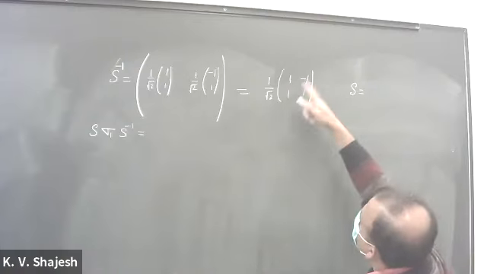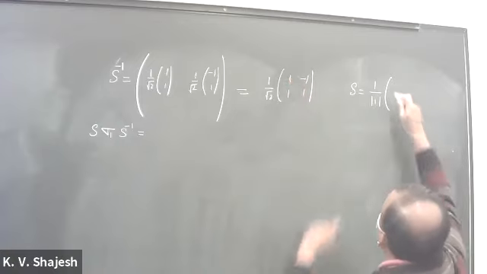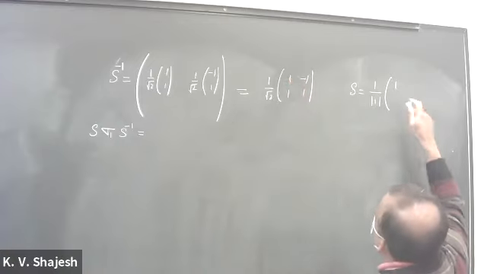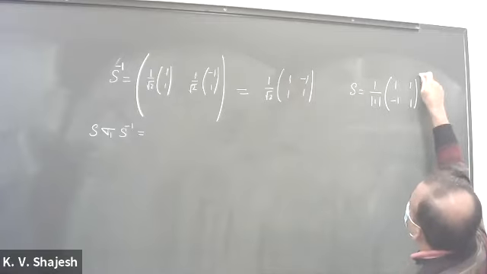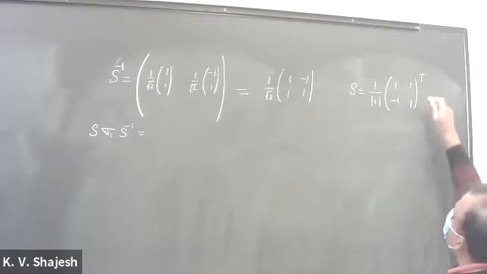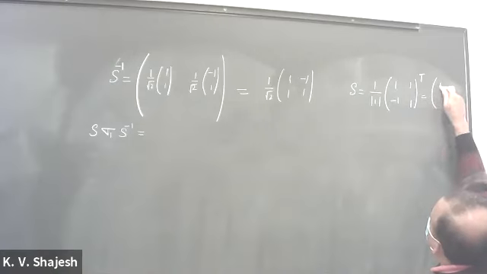The determinant of this is 1. Then you have 1 for this piece, and this is -1, but then I have to take a transpose of this. So this is 1, and this is -1, and then the transpose is 1, -1, 1, 1.